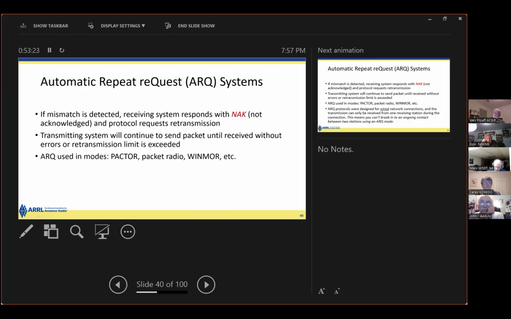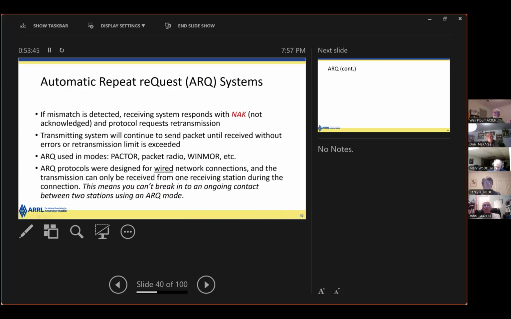ARQ is used in a lot of packet radio modes like PACTOR, Packet Radio, WinMor, and automating the process means that the operator doesn't have to worry about it unless things go badly wrong and you can't get through at all.